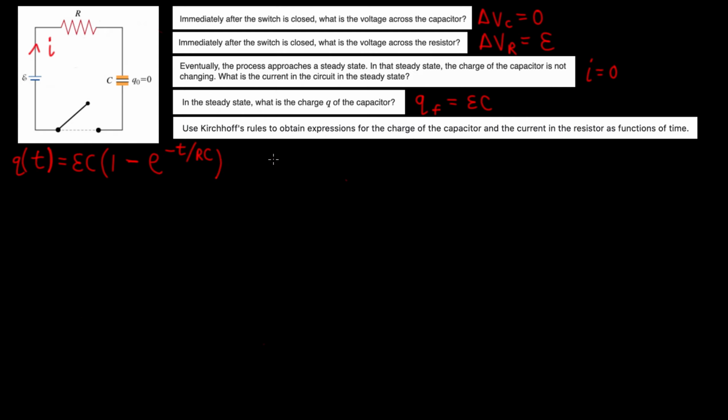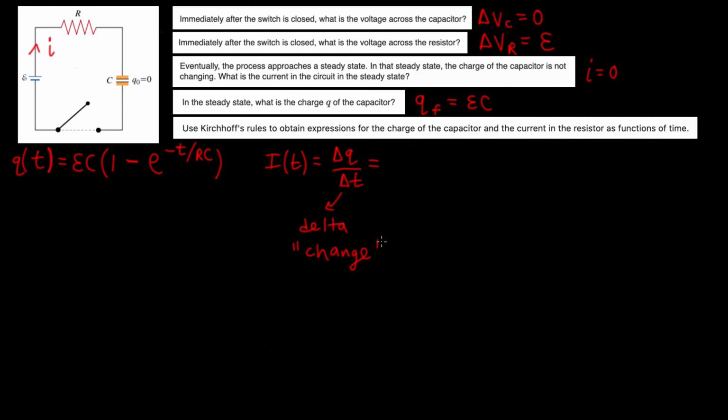In order to get the current in the resistor as a function of time, we need to recall the definition of current, which is that it's equal to a change in charge over a change in time. Or in other words, this change in time just means delta time.